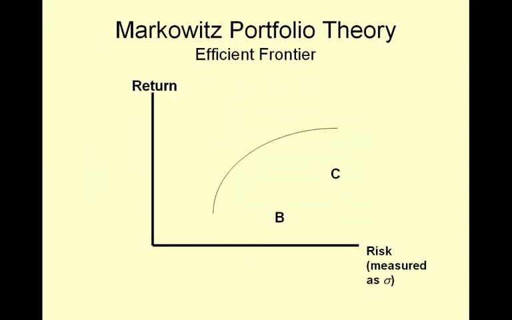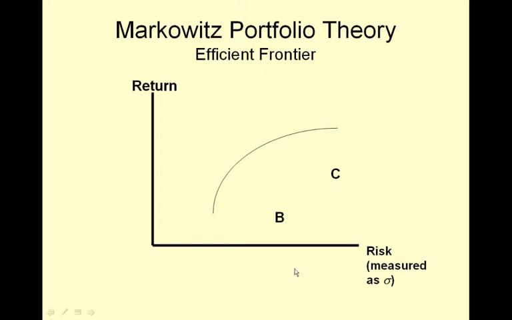On this graph, we've plotted the risk and return for investments B and C. We've eliminated investments A and D because they're inferior to B and C in the following way.